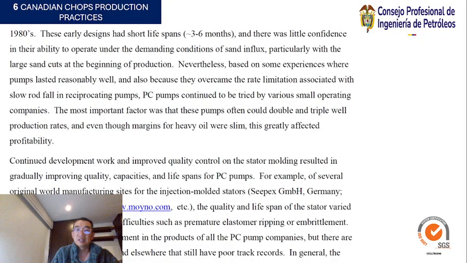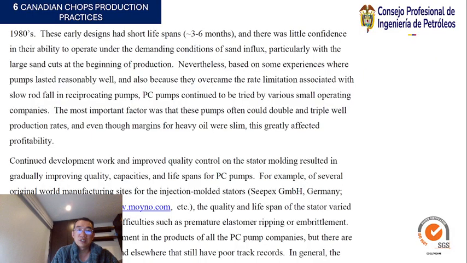Nevertheless, based on some experience where pumps lasted reasonably well, and also because they overcame the rate limitation associated with slow rod fall in reciprocating pumps, PC pumps continued to be tried by various small operating companies.